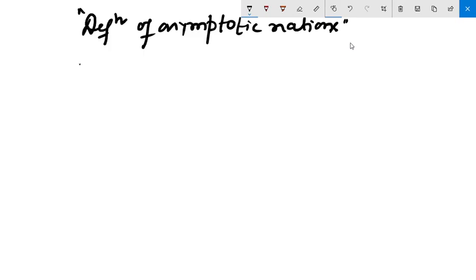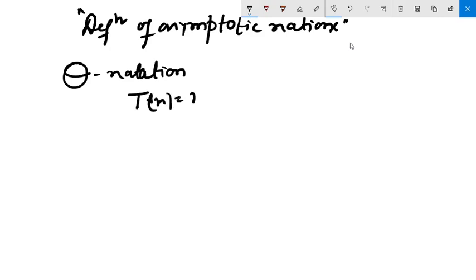The first definition we have is theta, the theta notation. So what is the theta notation? As usual, for the worst case running time, we write T(n) equal to theta of n square.